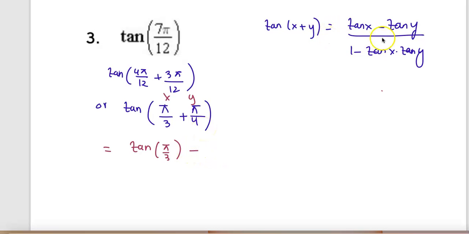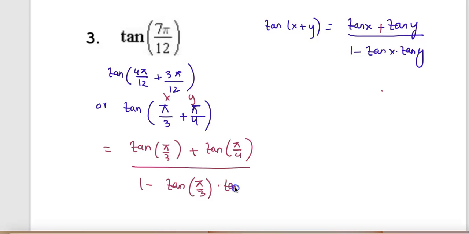It should be plus over here. This minus, only one place minus comes. So plus tangent y, pi over 4, divided by 1 minus tangent pi over 3 times tangent pi over 4, and I'm doing the remaining part over here.